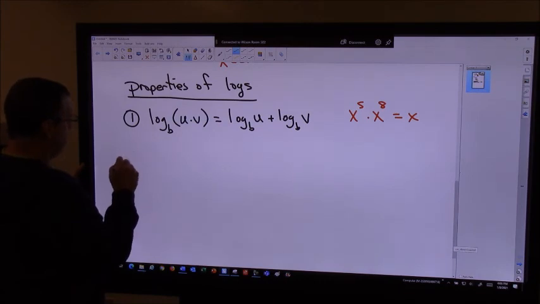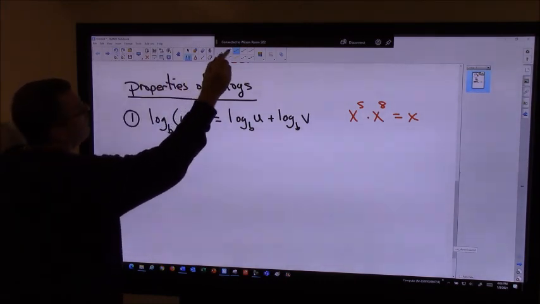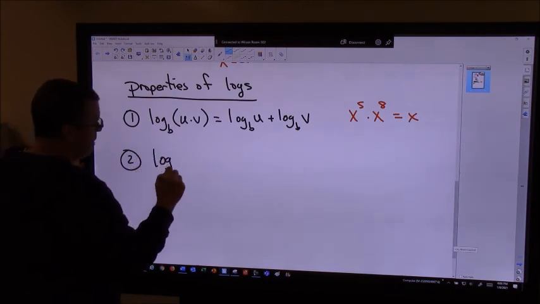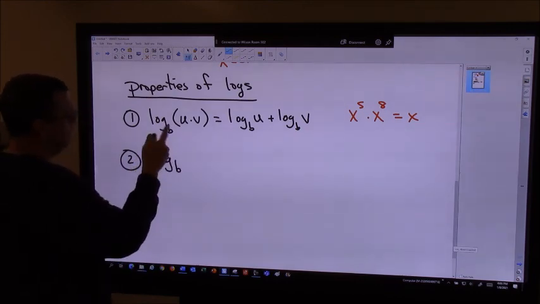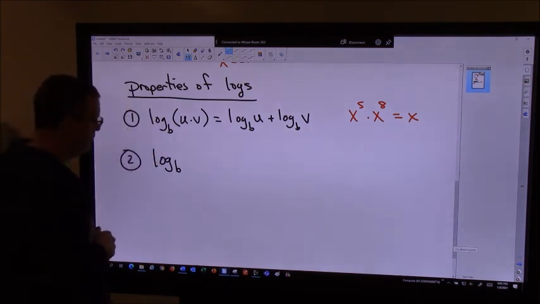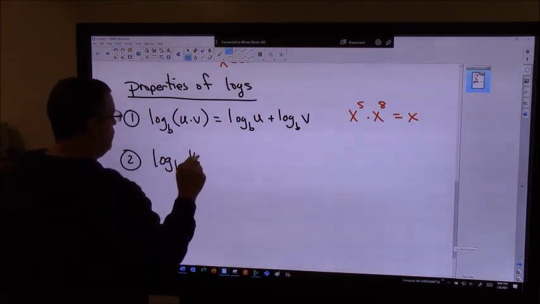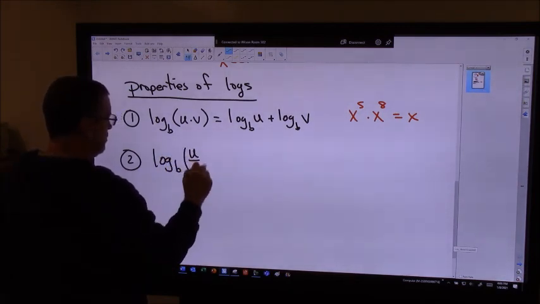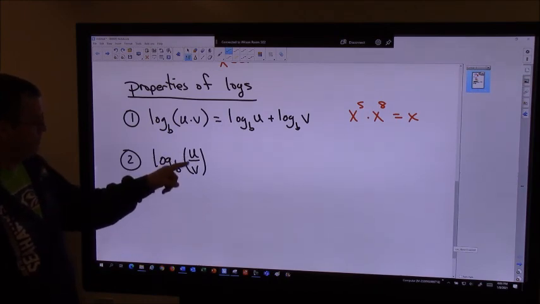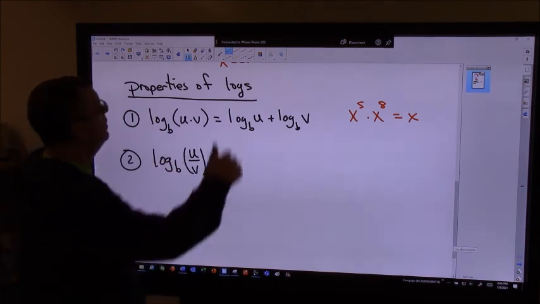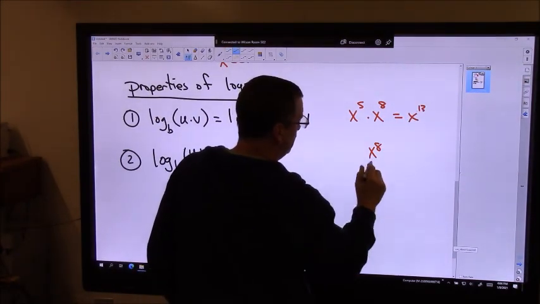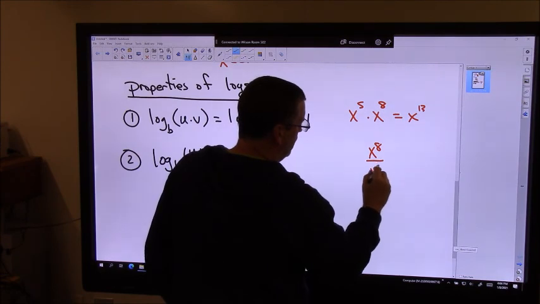Here's the next property. If I've got log base b, and when I say base b, that means this can be log base 3, log base 7, I don't care what it is, log base 10. Log base b of u divided by v. Well, now I'm dividing with exponents. Right? So what if I had something like this? x to the 13th over x to the 5th.